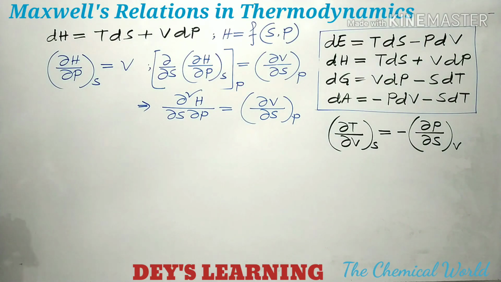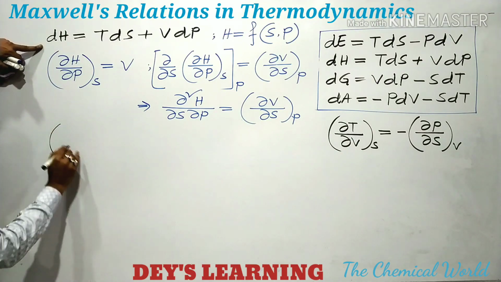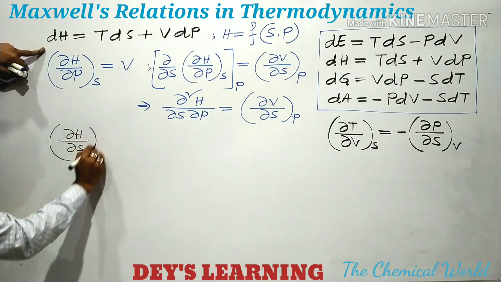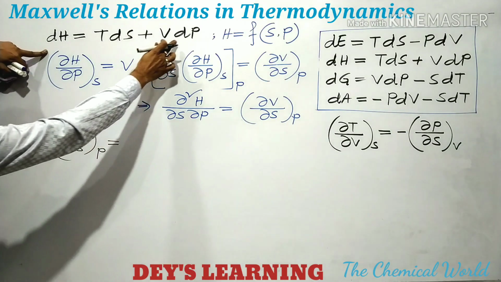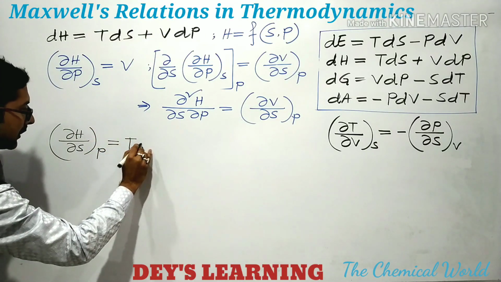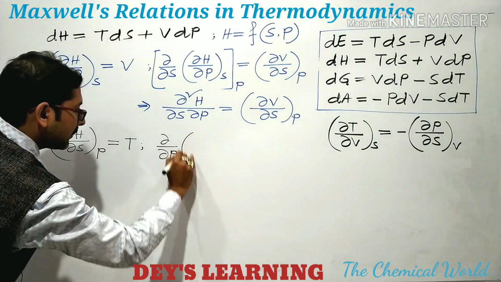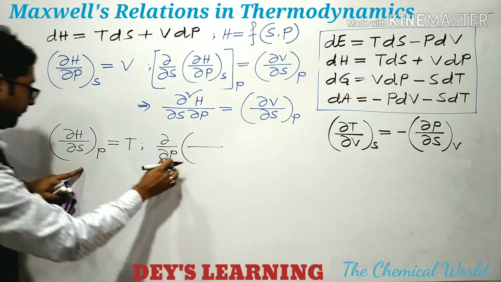Now secondly, take the differential of del H del S at constant P. Keeping pressure constant, the dP term is 0, gives us only T. Then differentiate this term with respect to pressure.